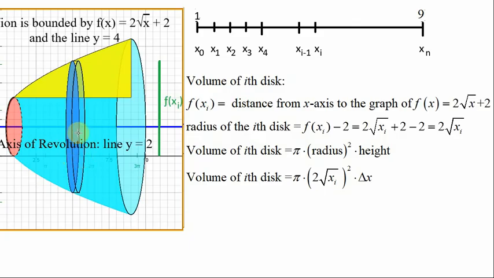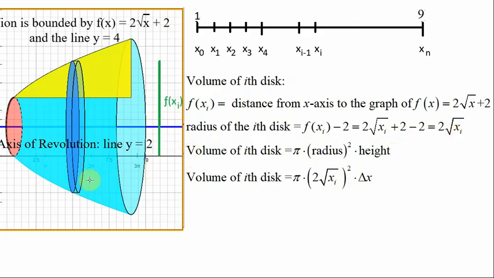The radius of this disk would be the distance from the x-axis up to the graph, minus 2. So the radius of the ith disk would be f of x sub i minus 2. And f of x is 2 times the square root of x plus 2, and then minus 2, we just get 2 times the square root of x sub i.